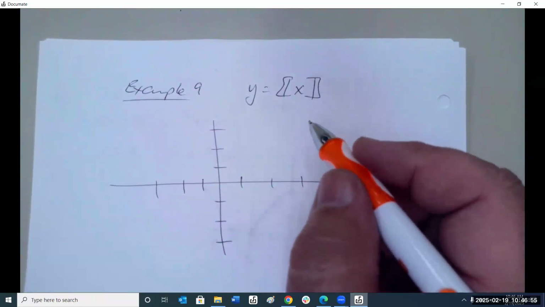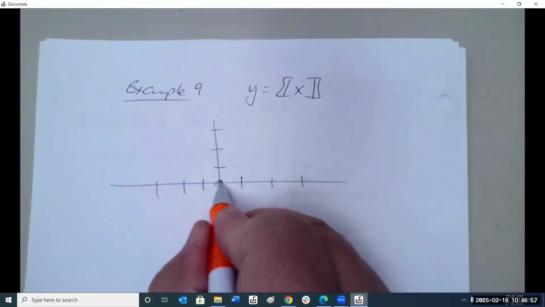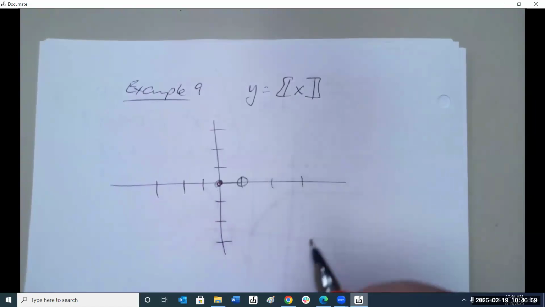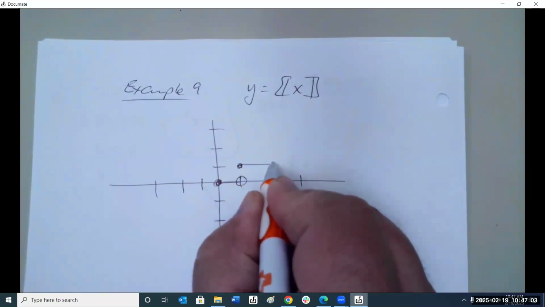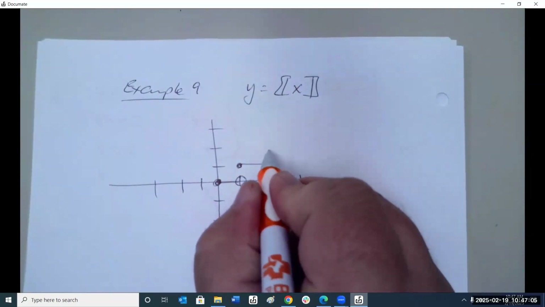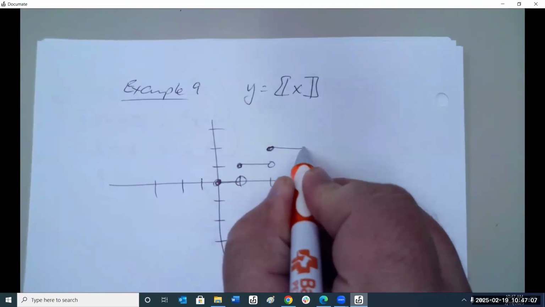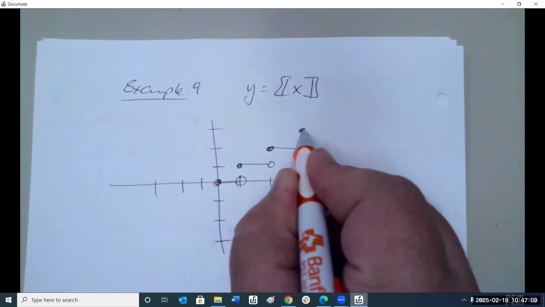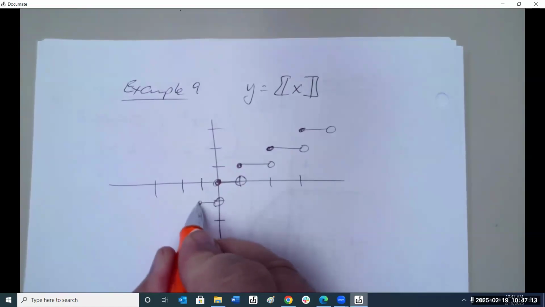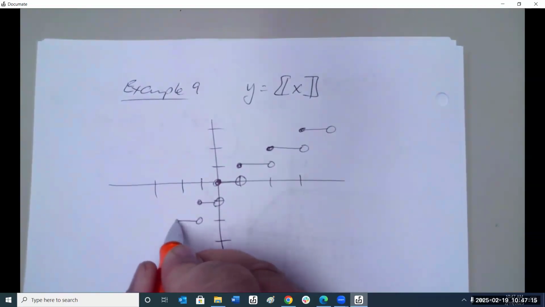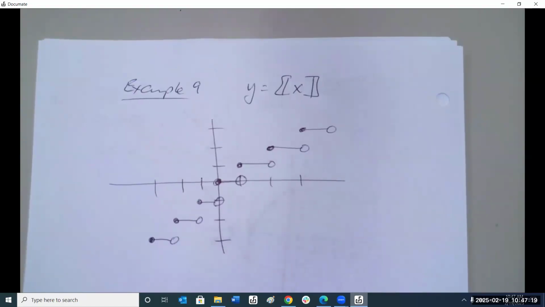There are no decimals. So from 0 to 1, it's 0. From 1 to 2, it's 1. From 2 to 3, this is how the function goes. In other words, it rounds down. That's the greatest integer function. Again, it's in your library of functions.